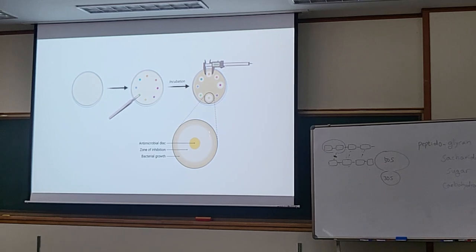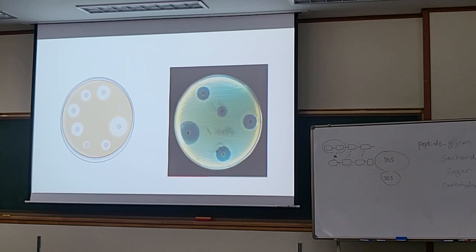That's why they cannot grow there. So between a bigger circle and a smaller circle, which one is the more effective antibiotic? The bigger circle, right? That empty space implies that the drug has some effect on the bacteria. This is a real example picture. So this is bacteria growing, and you spot your drug, and then you can check the activity of the antibiotics.